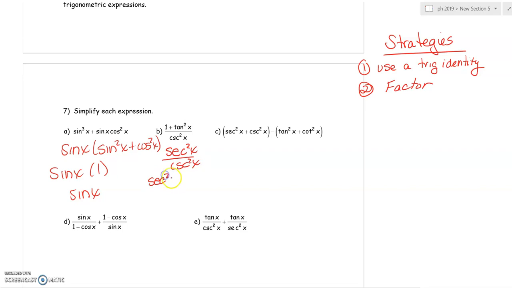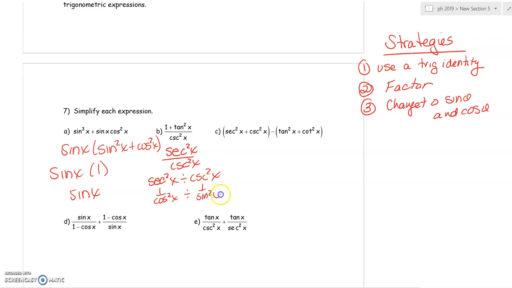And another one of our strategies is to change to sines and cosines. That can be helpful. So we have 1 over cos squared of x divided by 1 over sine squared of x. So that's 1 over cos squared of x times sine squared of x over 1. So this is actually just tangent squared of x. Okay, so we started with 1 plus tangent squared over cosecant squared, and we ended up with tangent squared. Definitely more simple.